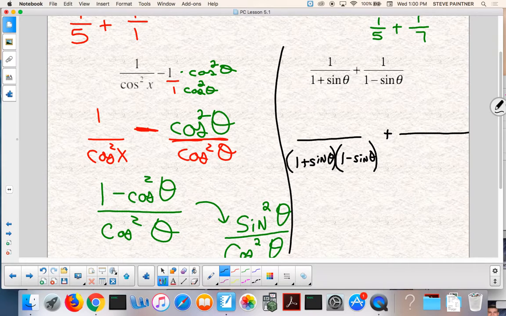Everybody agree? If you multiply the two denominators, they will both go into it. Just like 5 times 7 is 35, 5 goes in 35, 7 goes in 35.